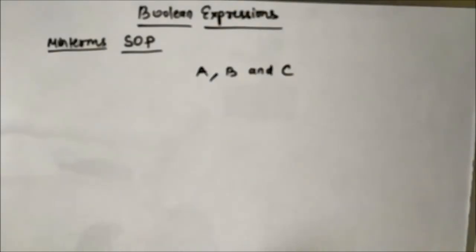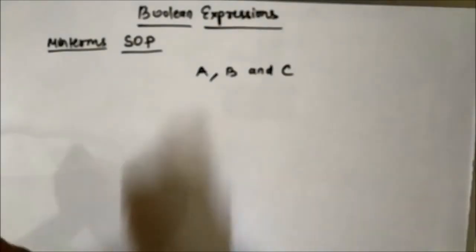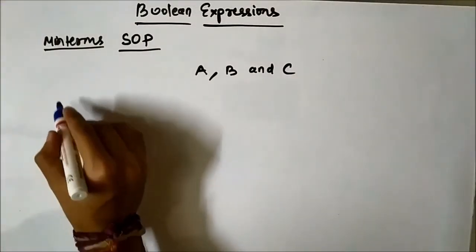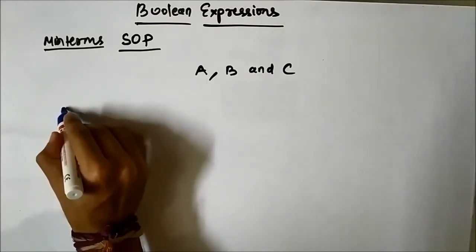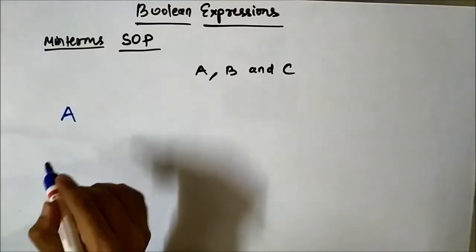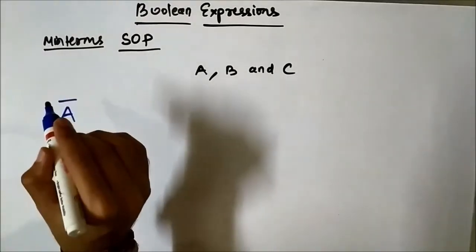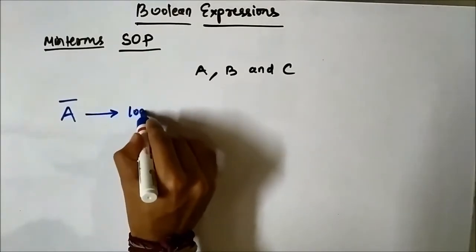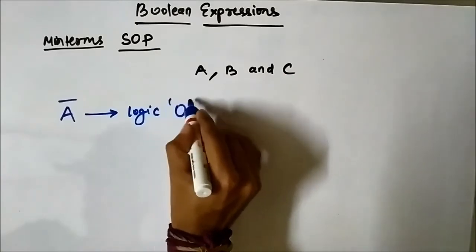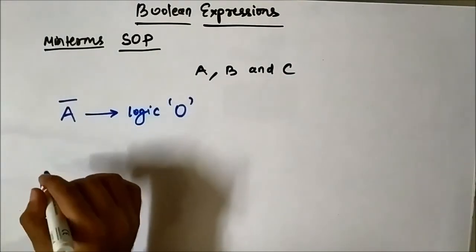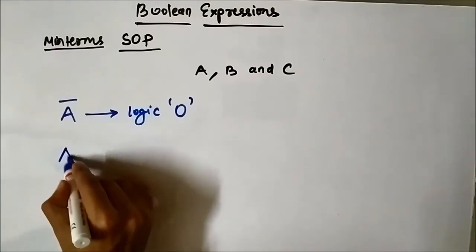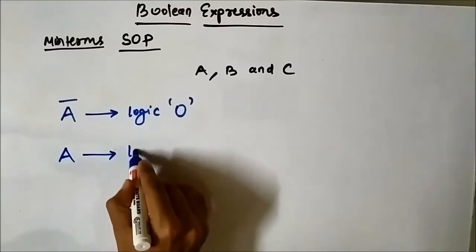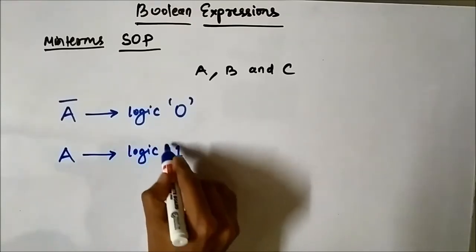Whenever you look at a min term, the complemented variables, let's say A bar, represent logic 0, and the uncomplemented variables, the normal variables without any bar above them, let's say only A, represent logic 1.